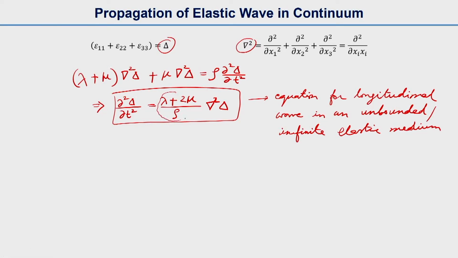The dimension of this term is distance per time, the whole square. You can check that term: the dimension is distance divided by time, the whole square, and that is velocity. You know that this is analogous to the equation we derived for the wave equation of a string.